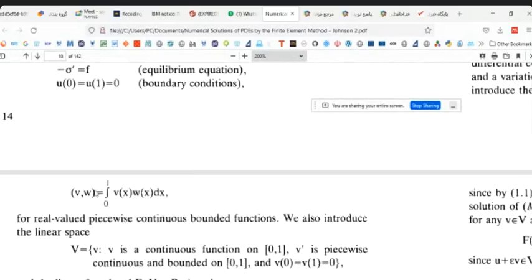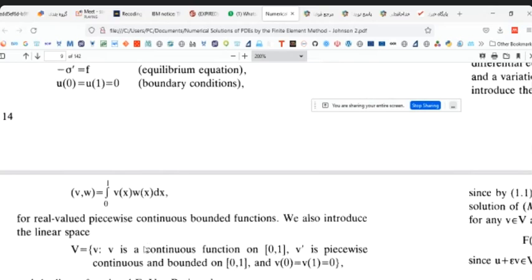The inner product of v and w equals the integral from 0 to 1 of v(x) w(x) dx, where v and w are real valued, piecewise continuous, and bounded functions. Let's talk about the linear space in this case.